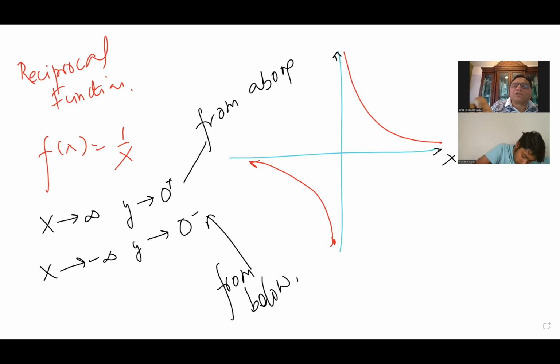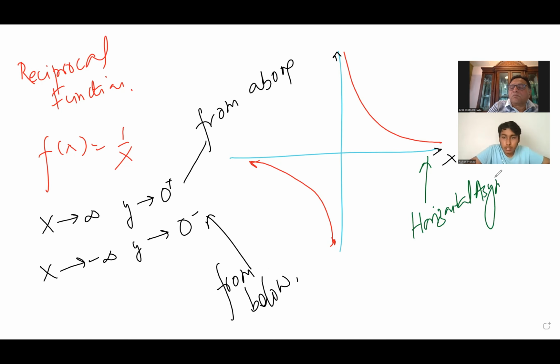So we do have a horizontal asymptote, right? This is what we're trying to say, which is y equals 0. And we also notice that we have a vertical asymptote, right?